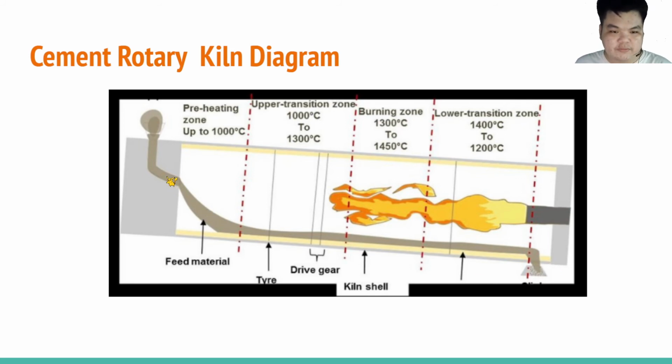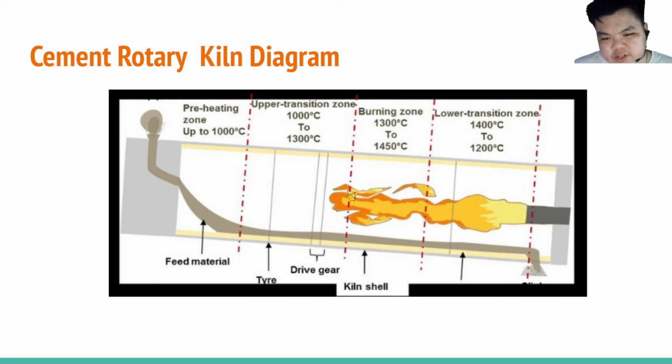So the feed material is being fed, reaching the first stage of this heating process. It heats up to 1000 degrees Celsius, as you can see above this diagram. Then as the device rotates, it transfers to the second stage, which can reach up to 1300 degrees Celsius.